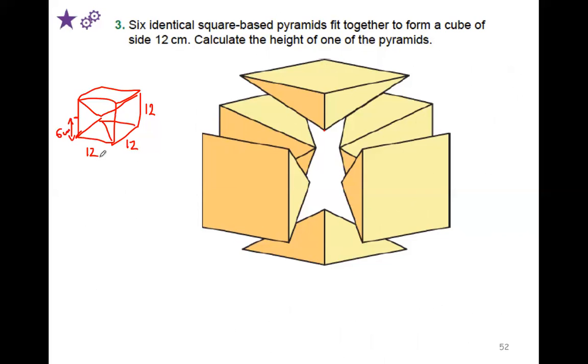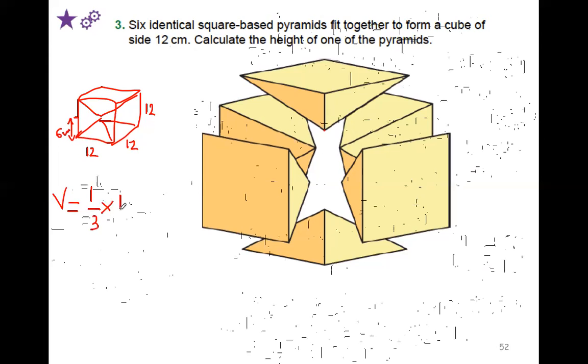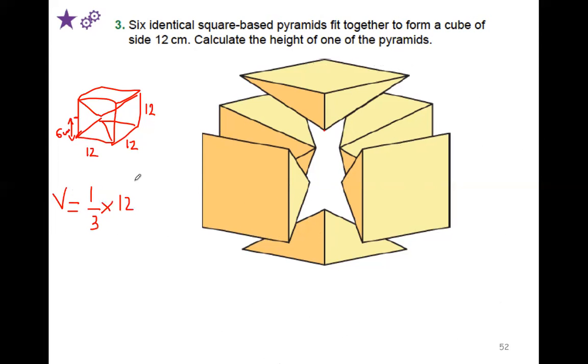So you need to calculate the height, knowing that the volume is a third. So V equals a third of 12 cubed, so 12 to the power of 3.